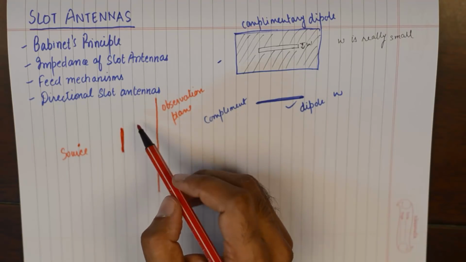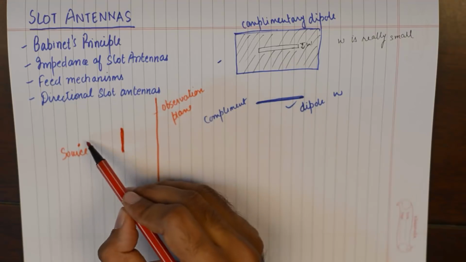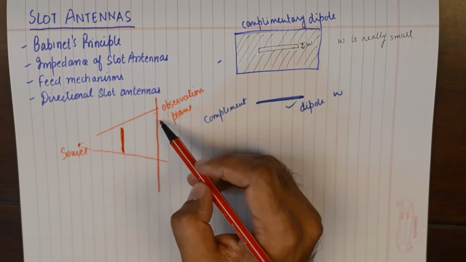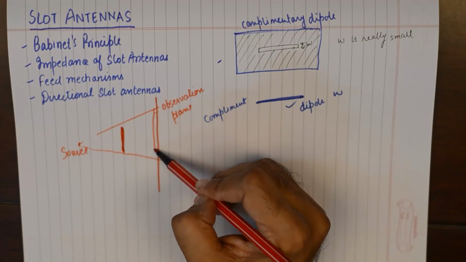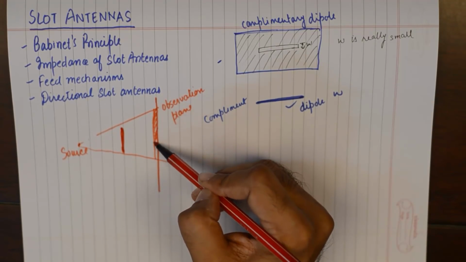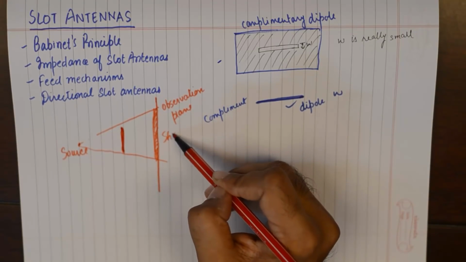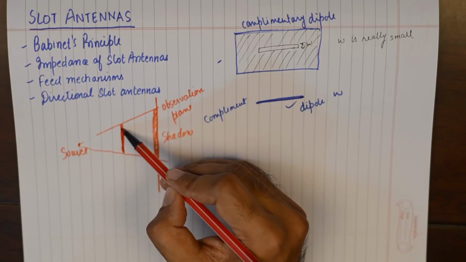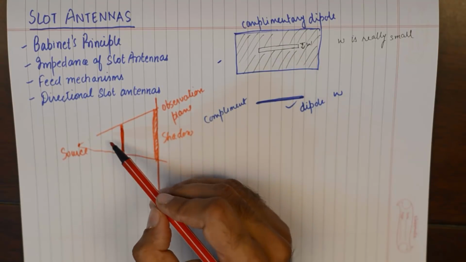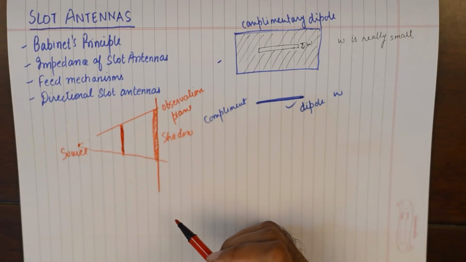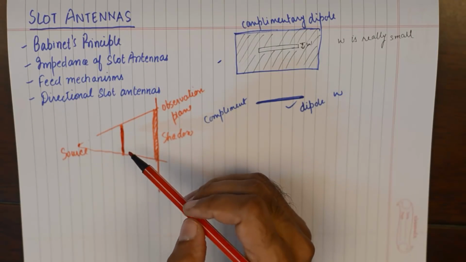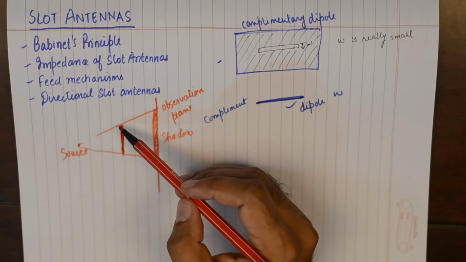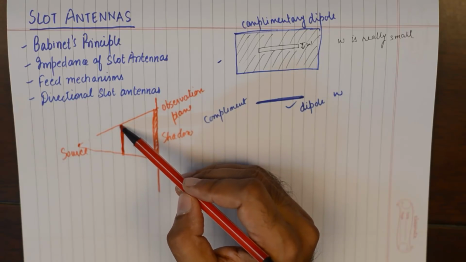Now, courtesy of this paper, you'll get a shadow here. So this thing will be the shadow caused by this screen, which is placed in front of the source. Now, let this screen be replaced by nothing, that is air.